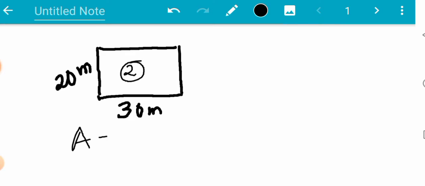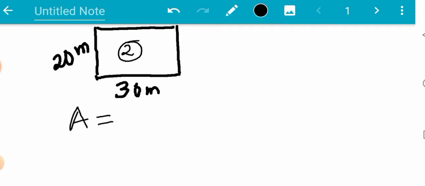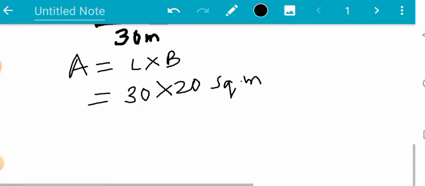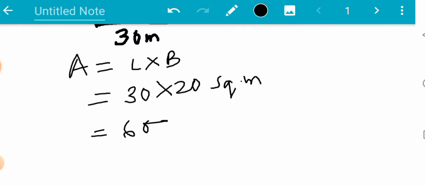The same way you will find the area of the rectangle. Area is equal to length into breadth. So length is 30 meter into 20 meter, so 30 into 20 square meter. It will be 600 square meter.